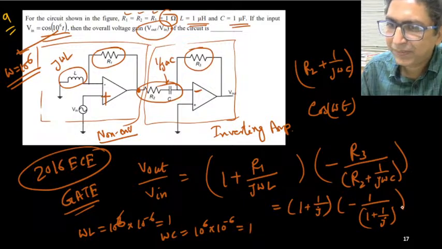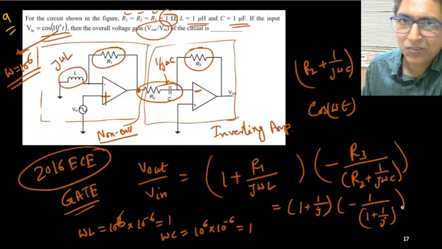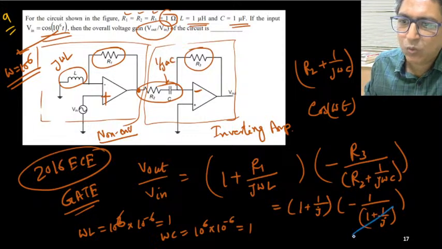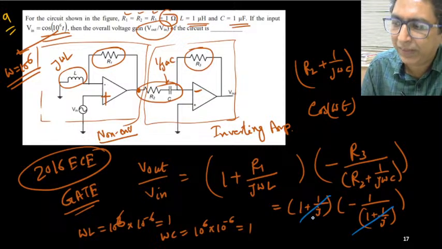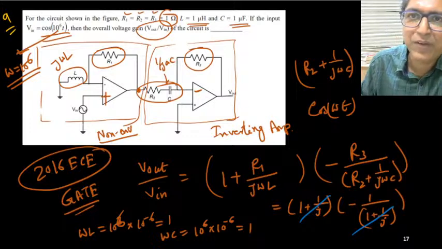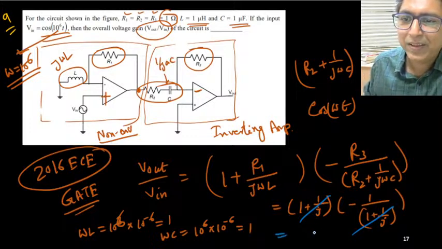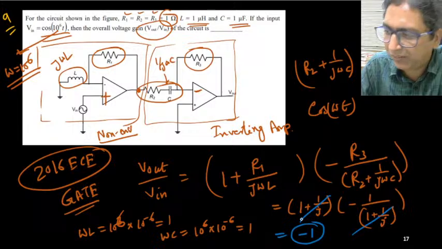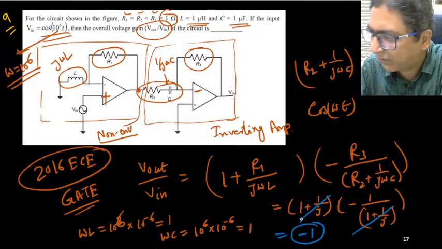Is it okay? So what is the simplification? You can see that this 1 plus 1 upon j and 1 plus 1 upon j, these two will cancel. So the overall value will be simply minus 1. So this is the gain. So overall gain is minus 1 at that frequency.